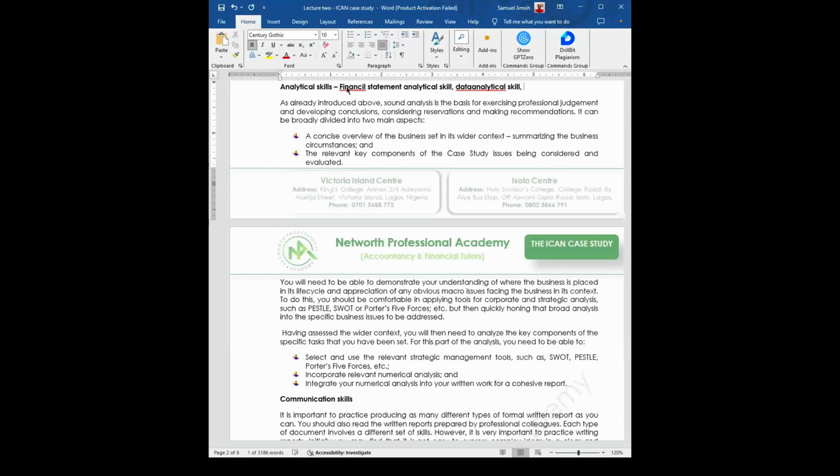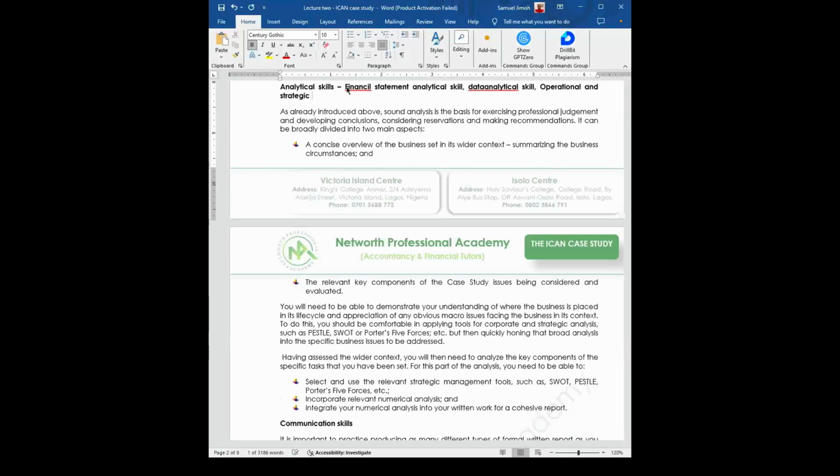And we have operational and strategic analytical skill. These are the three analytical skills that will be tested in this exam. And you need the knowledge of this analytical skill in order to solve the case properly.